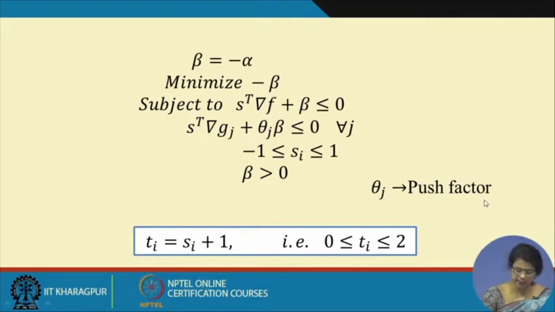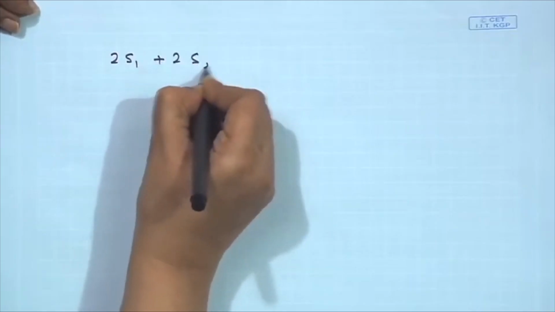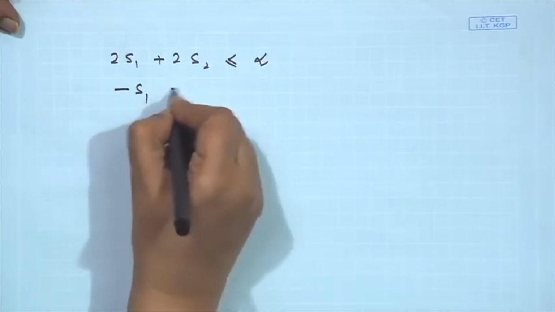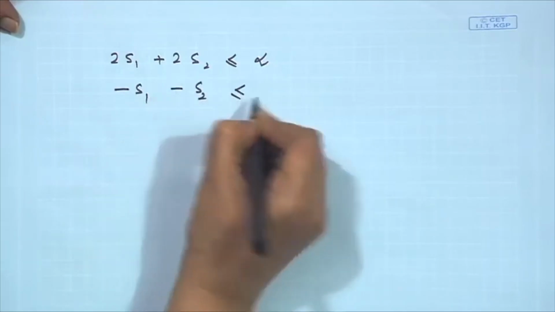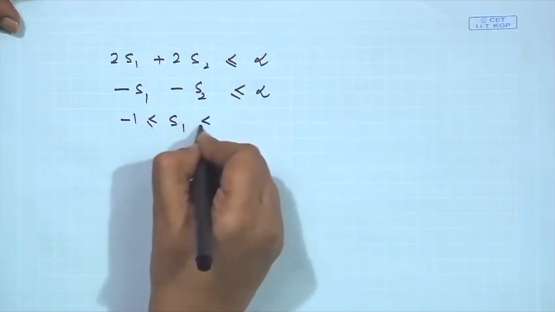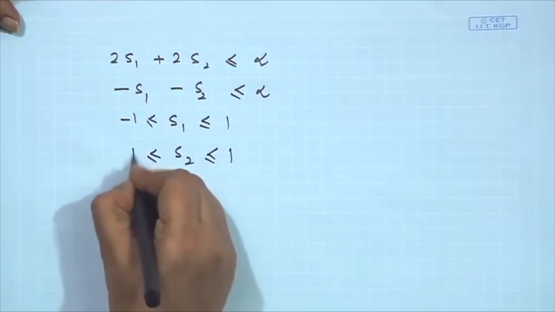If we just substitute it here in the previous equation, we were having 2 s1 plus 2 s2 less than or equal to alpha, minus s1 minus s2 less than or equal to alpha, s1 between minus 1 and 1, s2 between minus 1 and 1.